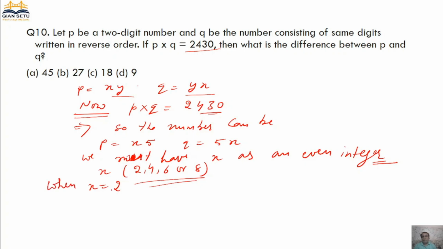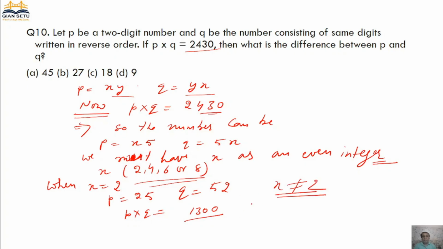When x is equal to 2, P will be 25 and Q will be 52. If we multiply P into Q, it will be 1300. But we need a product of 2430, so x cannot be equal to 2.